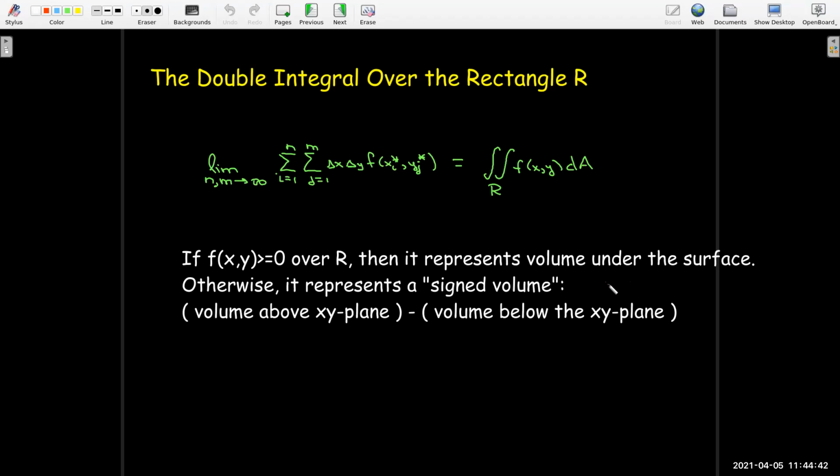In other words, it could be negative, positive, or zero, and geometrically it represents the volume of the portion of the surface which is above the xy plane minus the volume which is below the xy plane.